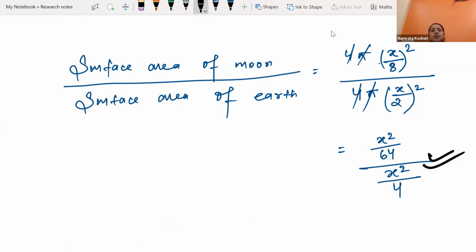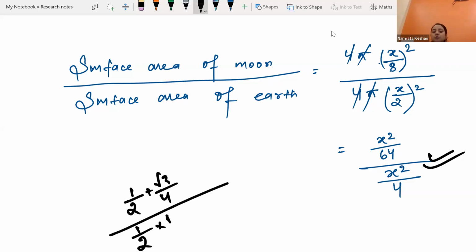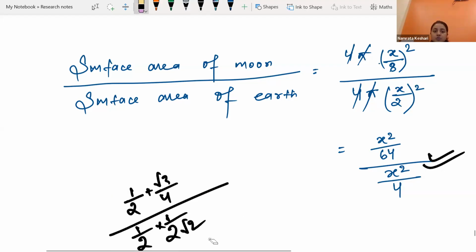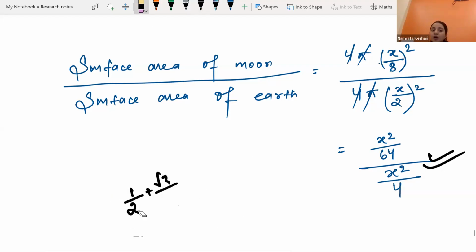We'll be learning trigonometry, solving so many simplifications, where every time you will end up in this scenario, for example 1 by 2 plus root 3 by 4 by 1 by 2 multiplied with 1 by root 2. This type of simplification you will be doing there. So please be clear with this concept and learn it very well here. Let's do it with what we have for now.